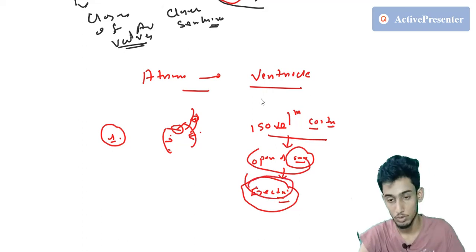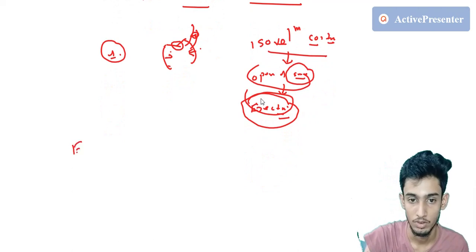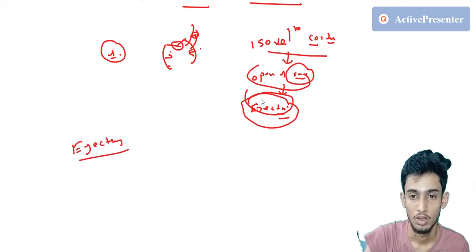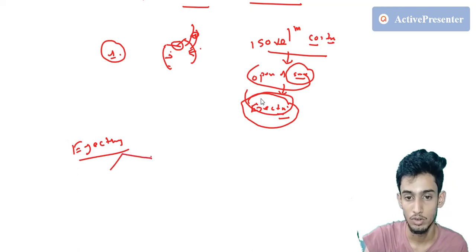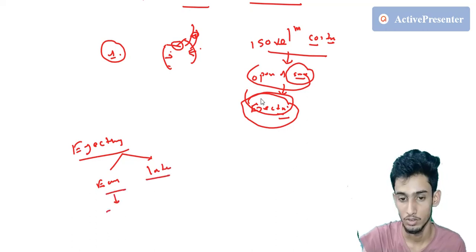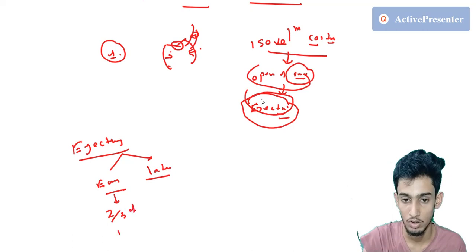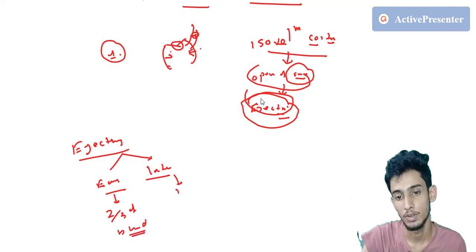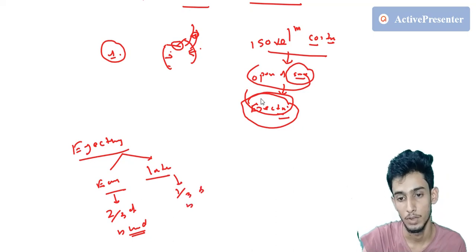So now we come to the point of ejection. In ejection, there are two phases, early and late ejection. In the early phase, two-thirds of the blood is ejected, and one-third in the late phase.